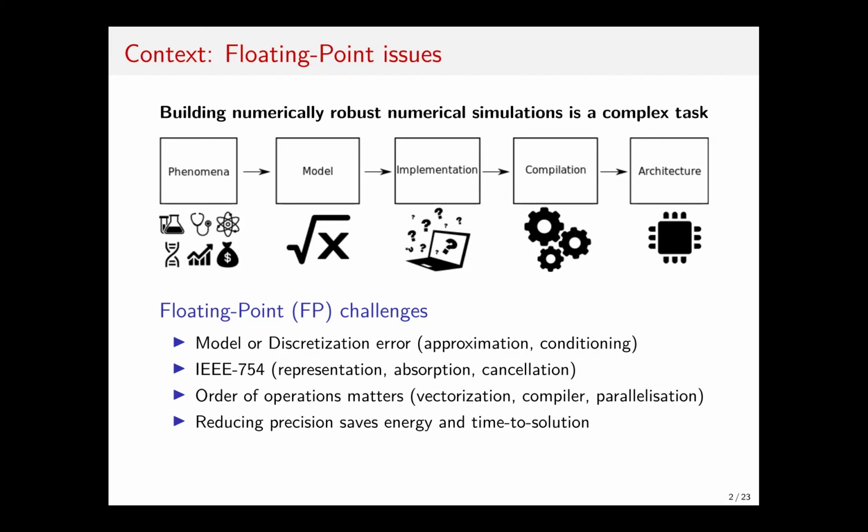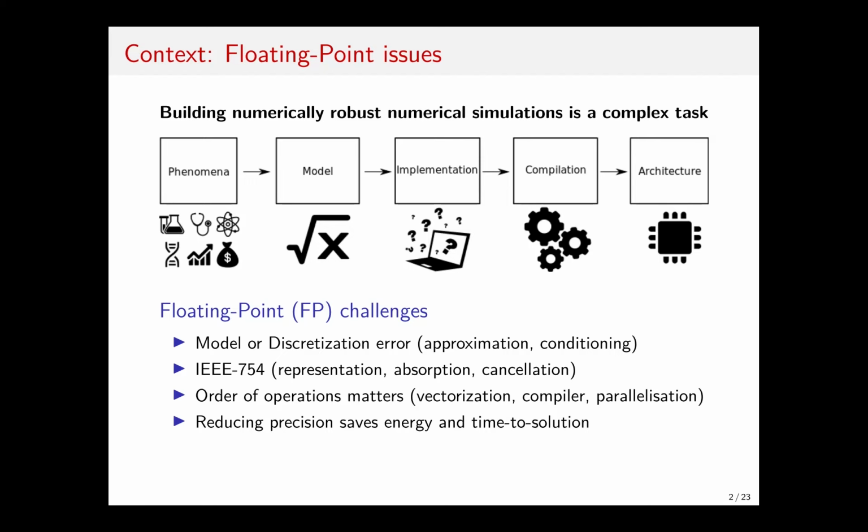Most of today's architectures are based on IEEE 754 formats, where we have different kinds of errors: representation, absorption, cancellation. But with the big success of hardware accelerators like GPUs, we are now moving to smaller formats, which sometimes are a bit more exotic.